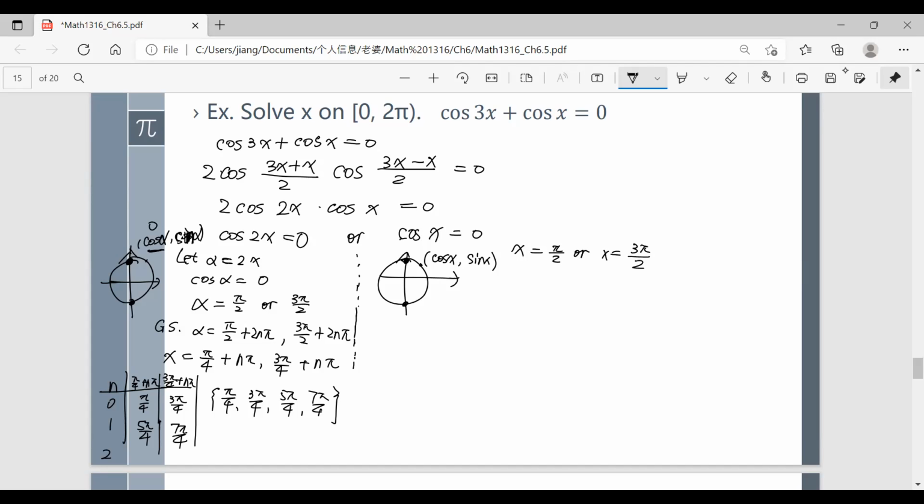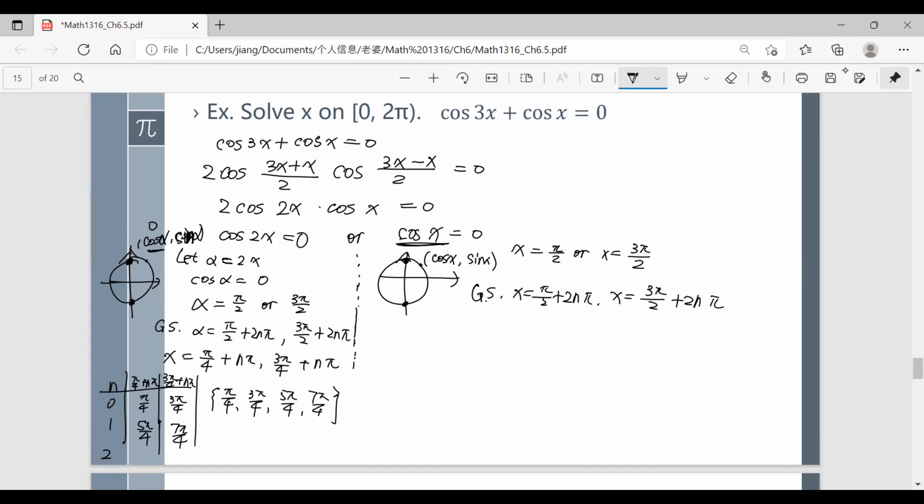And actually, we don't need to add 2n pi for the general solution because this is just one full cycle from 0 to 2 pi. But if you think you need to do it step by step, you do the general solution. So the general solution is x equals pi over 2 plus 2n pi, and x equals 3 pi over 2 plus 2n pi.